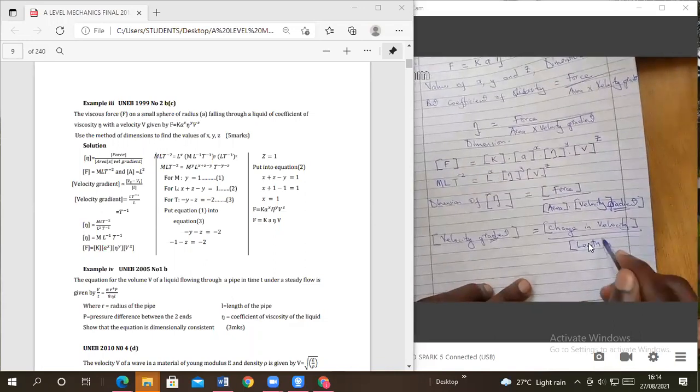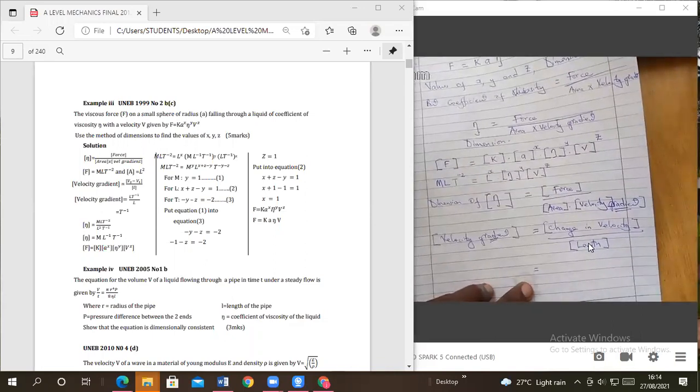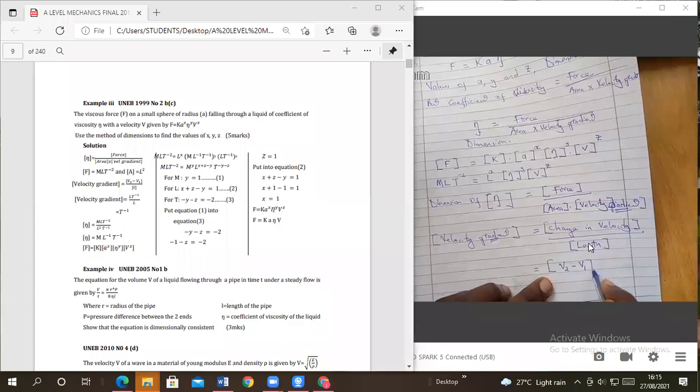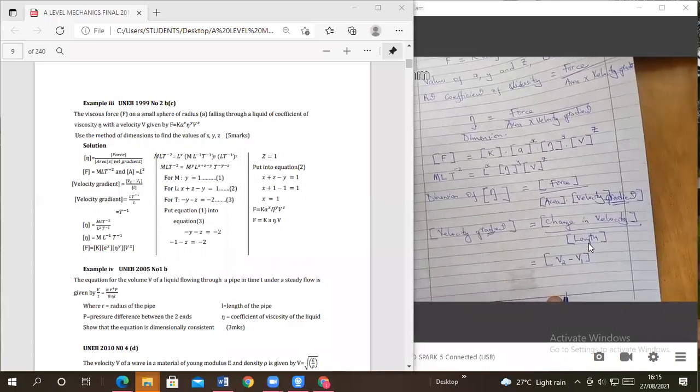So we know that change in velocity, we can put as V2 minus V1, just for the purpose of understanding, over dimension of length.